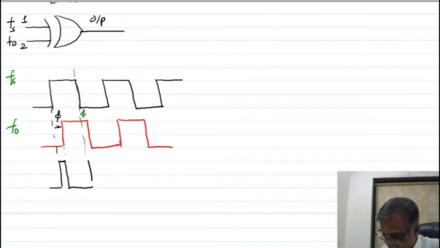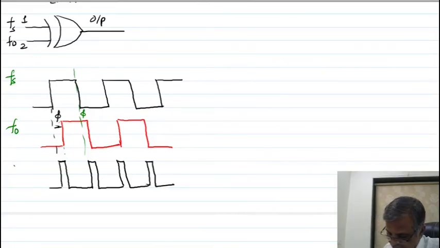Again, when both are at different levels, you get the output. So this is the output of the digital phase detector.